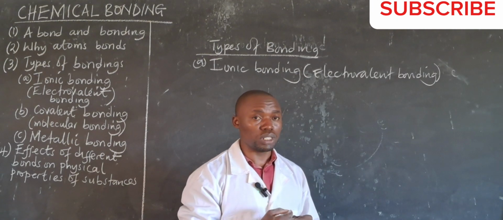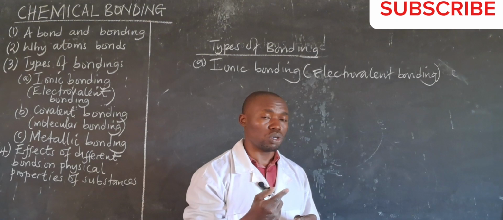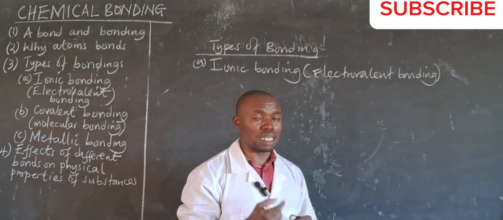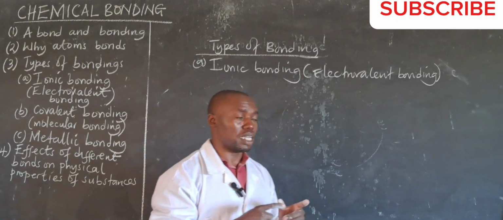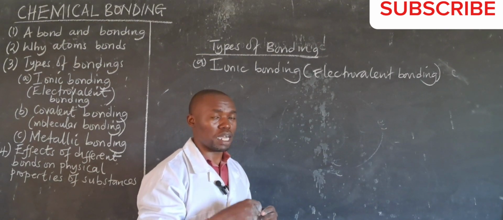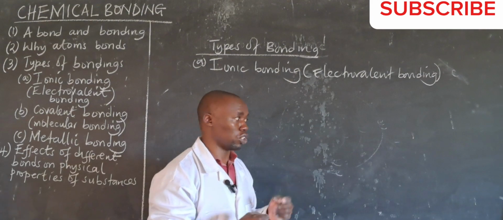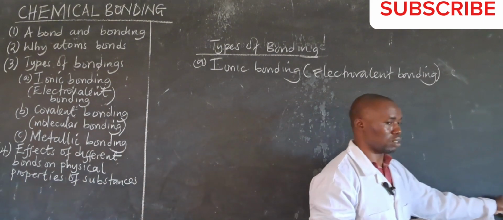The non-metal atoms have about 5 to 8 electrons in the outermost shell. That's why a metal atom has to lose electrons because it has fewer, and a non-metal atom has to gain electrons because it has many.